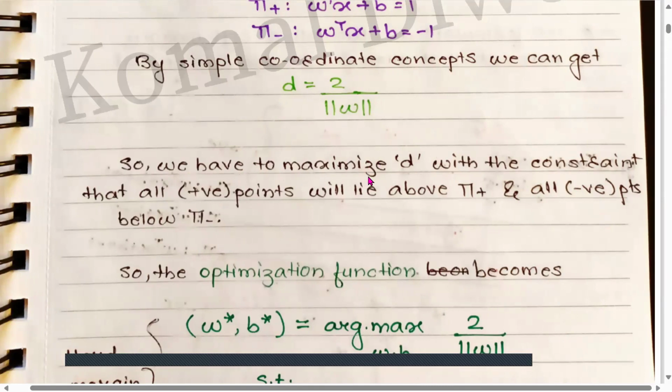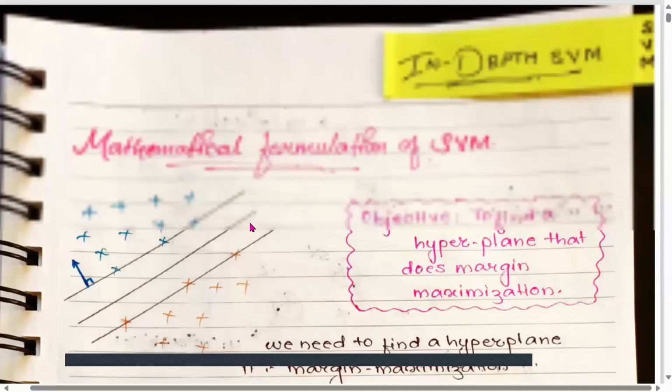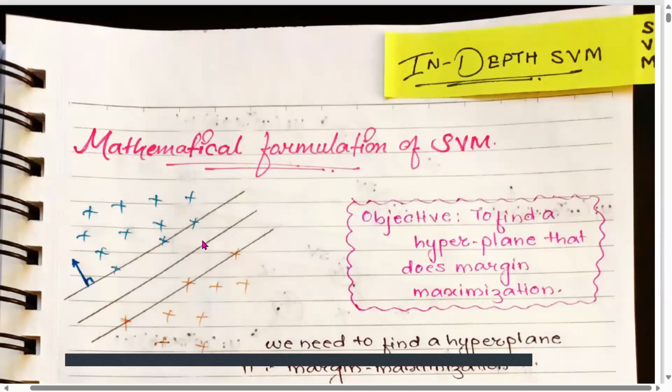We have to maximize the value of d with the constraint that all positive points will be above the pi plus plane and all negative points below the pi minus plane. It means the data is clearly separable.